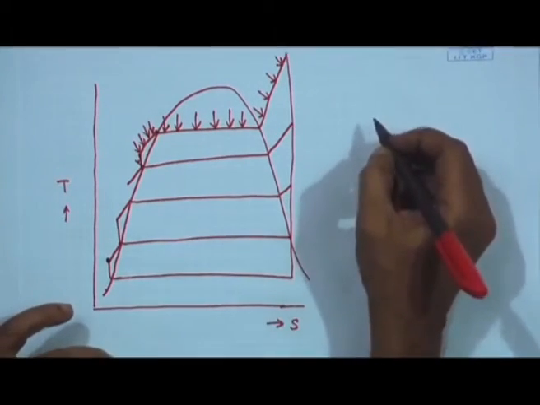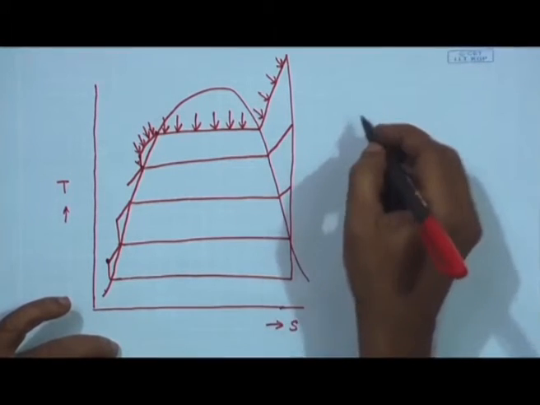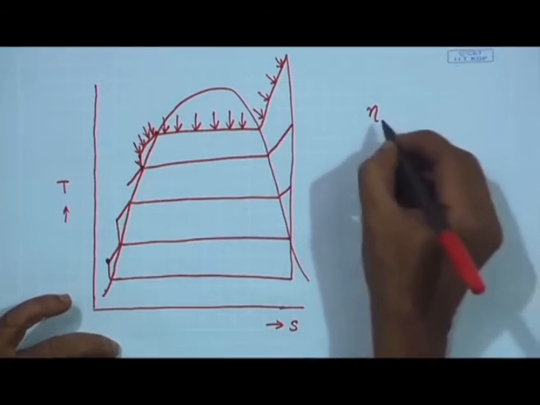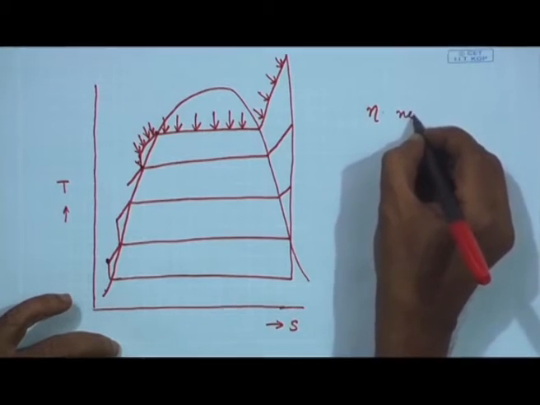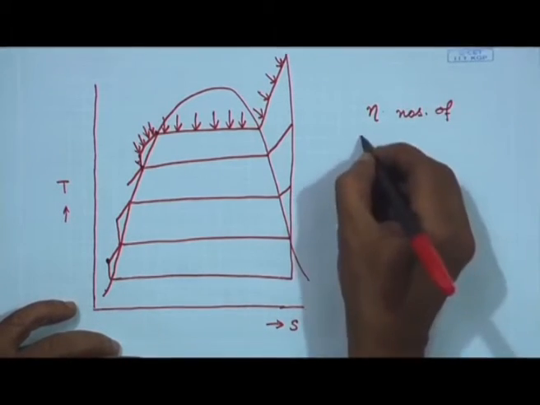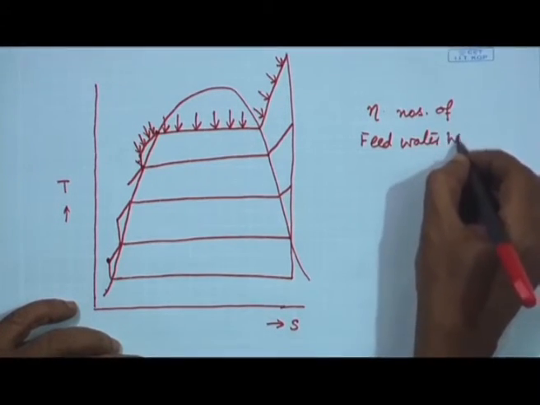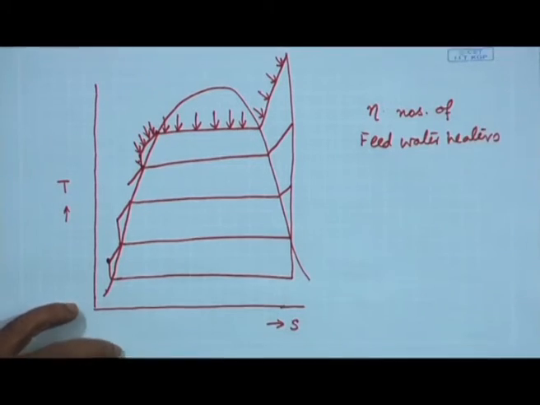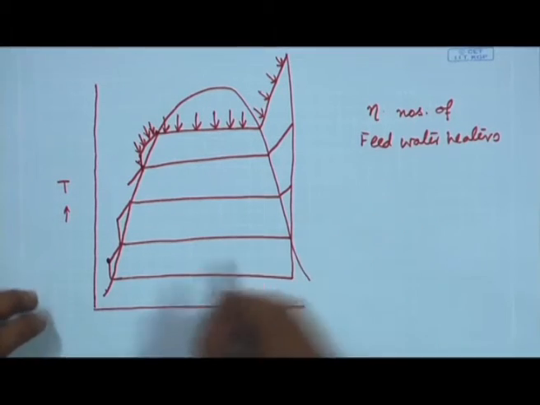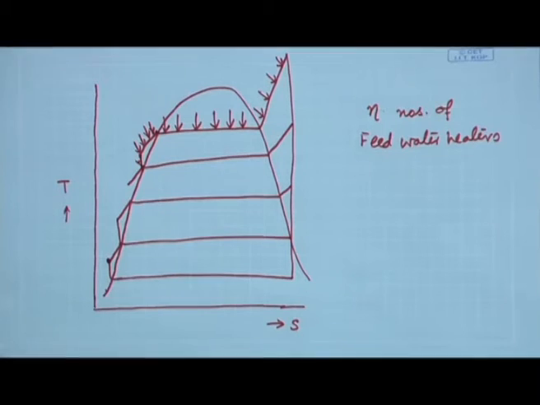And let us say I have got n numbers of feed water heaters. So, let us say the condensate is coming at some temperature and then I have to raise it to the temperature at which steam generation is there at the boiler pressure.